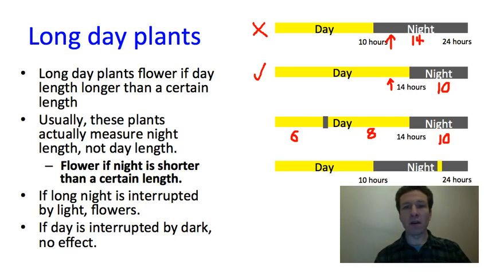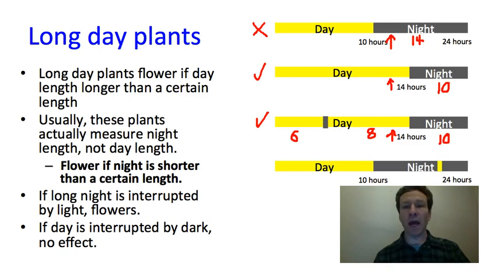This 10-hour period is still shorter than the 12-hour threshold, which we can draw in right here. And so just like the plant above it, whose day was not interrupted by darkness, this plant will flower. Basically, the lesson there is that it doesn't matter what happens during the light period. What matters is what happens during the dark period.